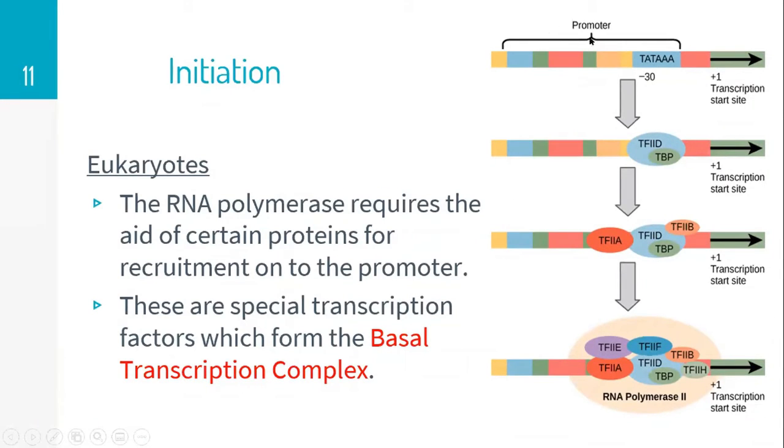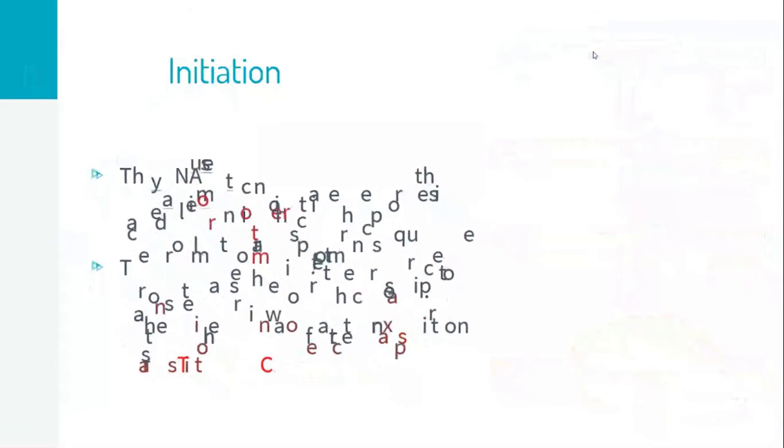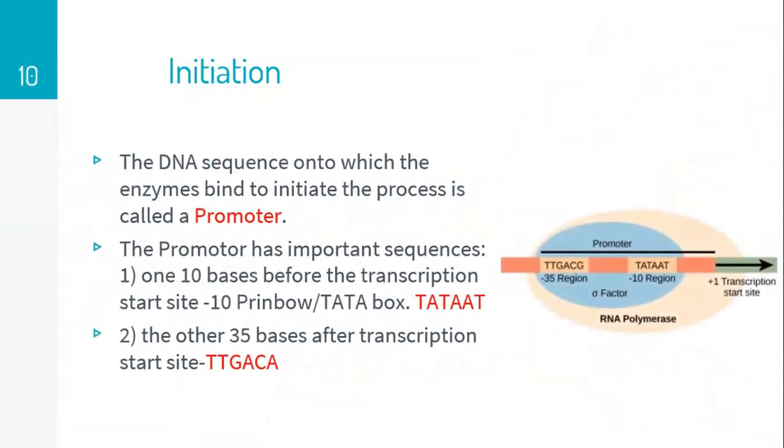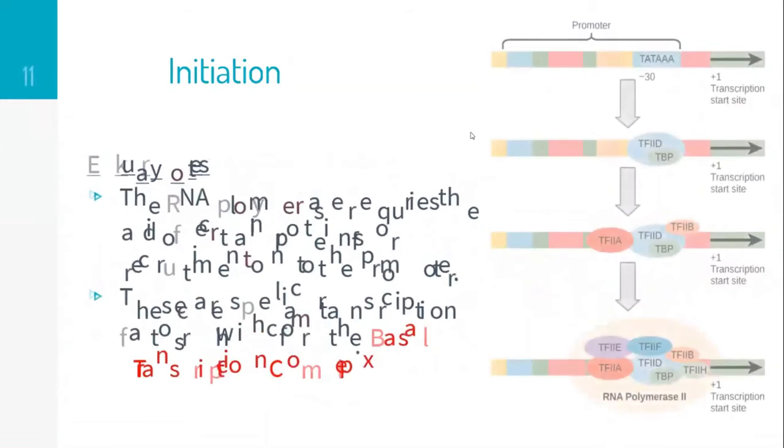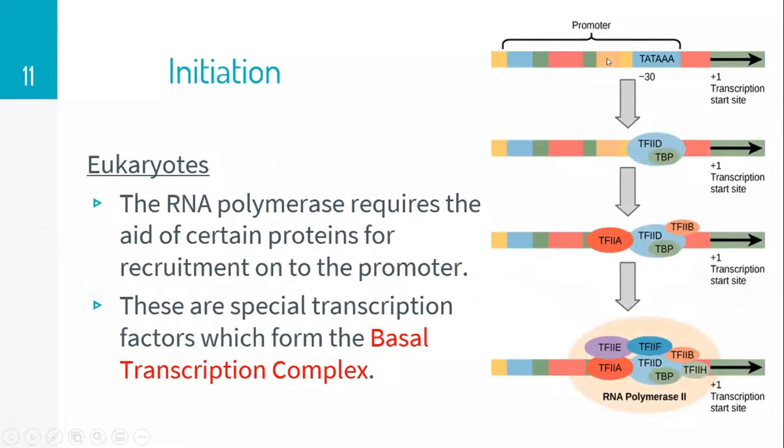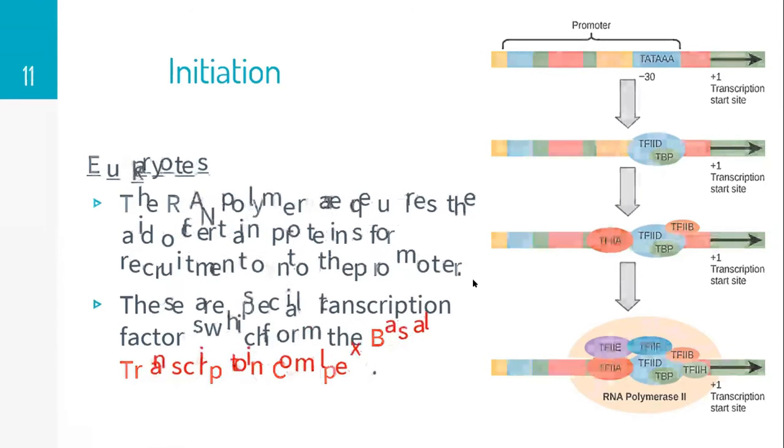This is the promoter sequence here, and this is basically what we're starting with, the promoter sequence, where the polymerase would bind so they could start the process. And these special transcription factors form the basal transcription complex. So that's basically what we're doing here.